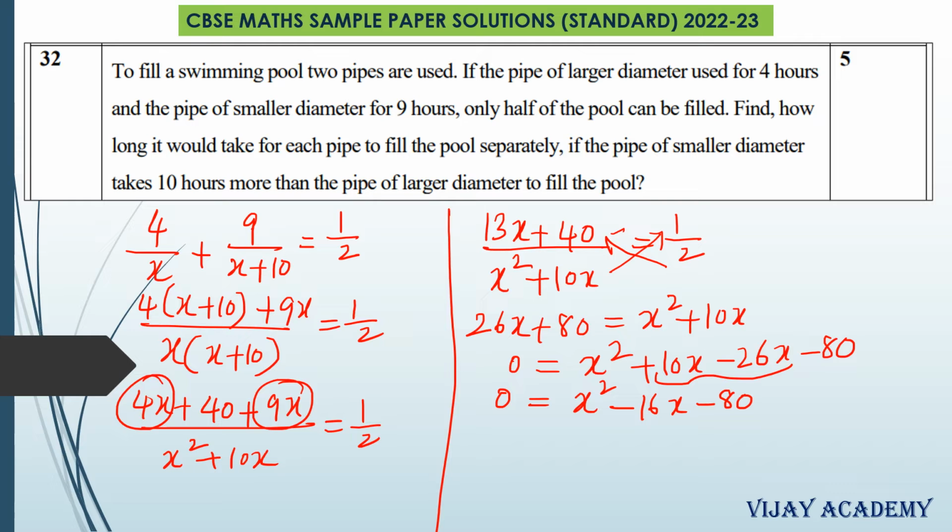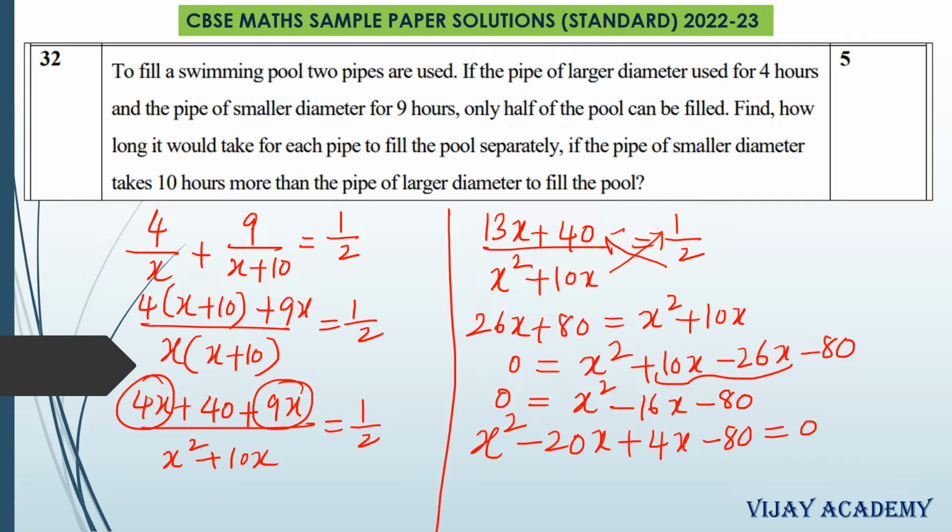So let us split the middle term to factorize this quadratic equation. Now to split the middle term, the sum of the numbers is minus 16 and the product of the numbers is minus 80. So the possibilities are minus 20 and plus 4. So splitting the middle term, we get x square minus 20x plus 4x minus 80 equals 0.